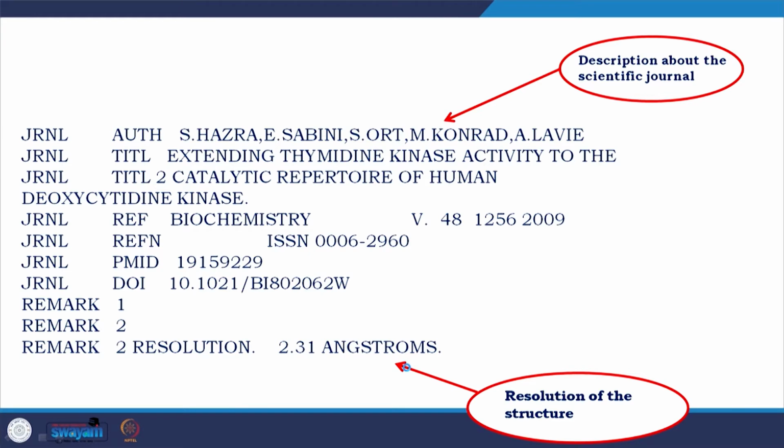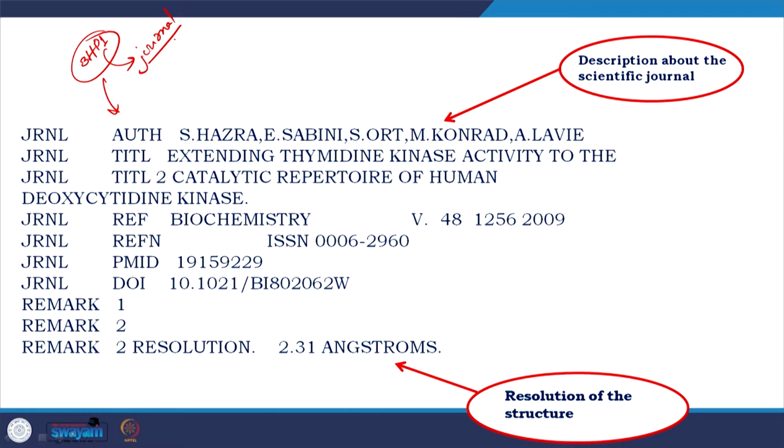The journal: you will see the authors, the title. Why is journal information important? Because you know about a structure 3HP1, but what is the importance of the structure? What is that structure talking about? You will get that information from the journal.